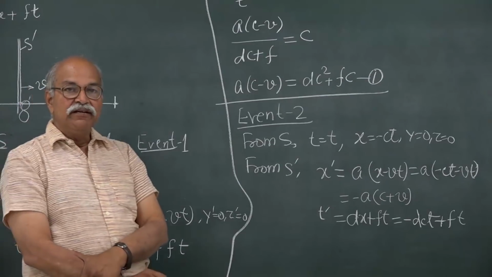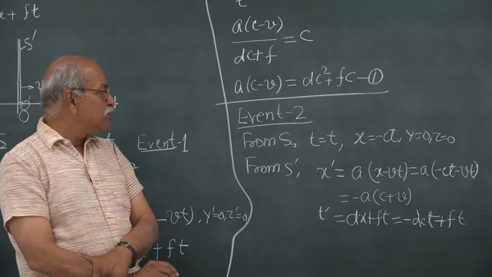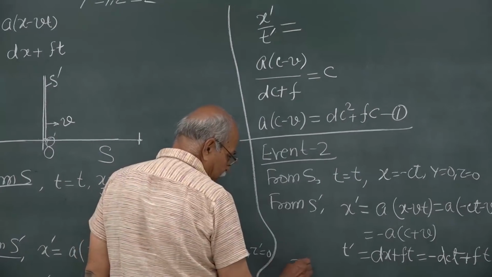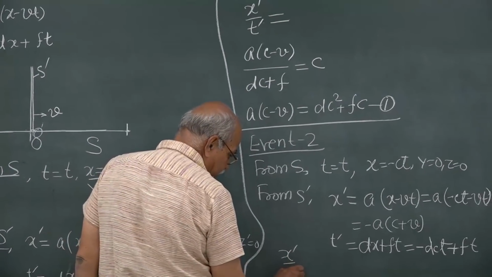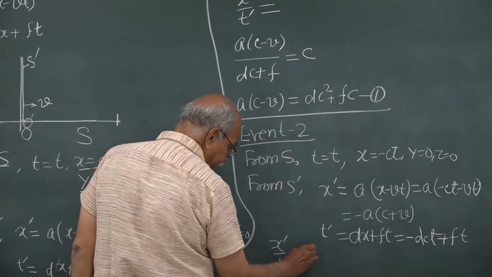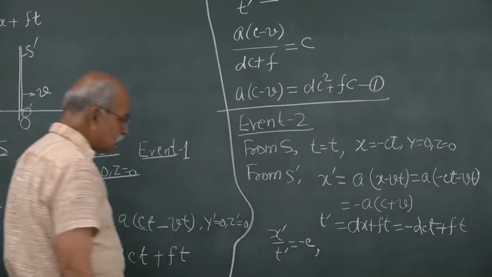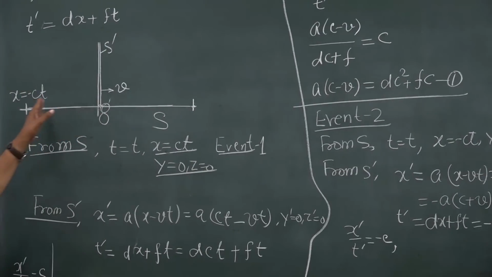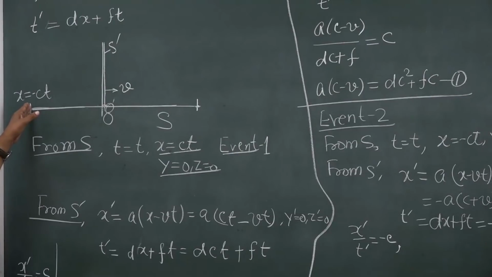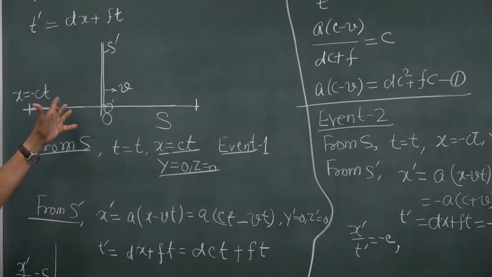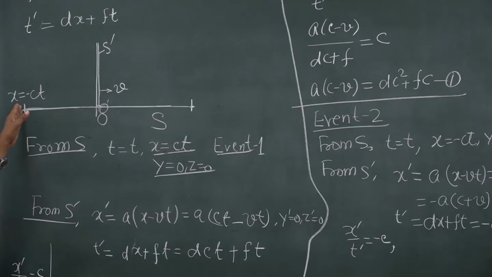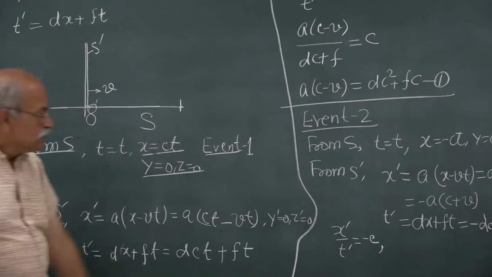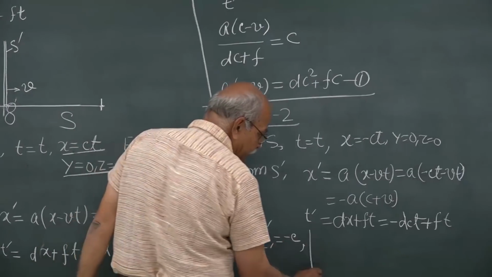And if I divide x prime by t prime, what should I get? I should get minus c, right. x prime is the x prime coordinate of this event and t prime is the time. So, x prime is minus c t prime, and x prime by t prime is minus c. So, you divide here, and the t cancels out.